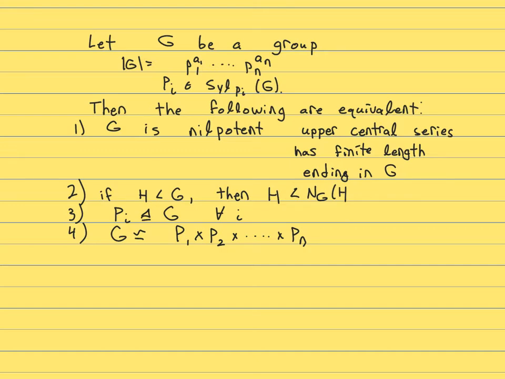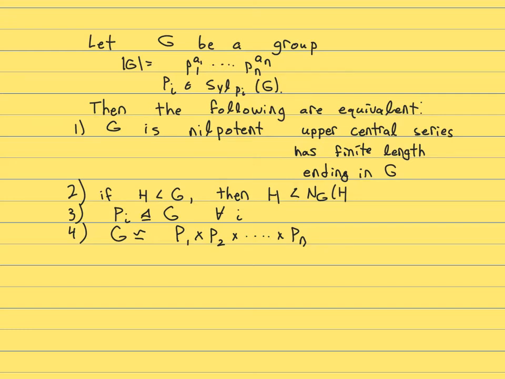Abelian groups are nilpotent, therefore they're isomorphic to the direct product of their Sylow subgroups, which are p-groups. And so in that context, the fundamental theorem of finite abelian groups reduces to the case of classifying groups of prime power order that are abelian. So these are the 4 different equivalent statements to being nilpotent.